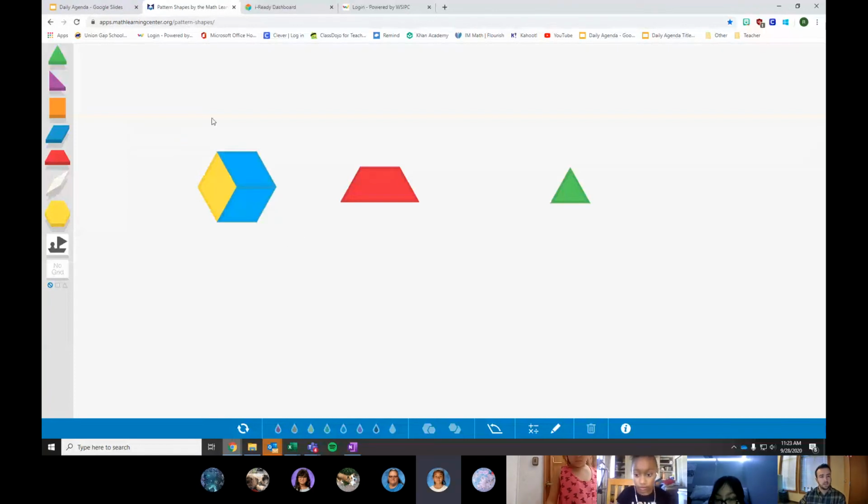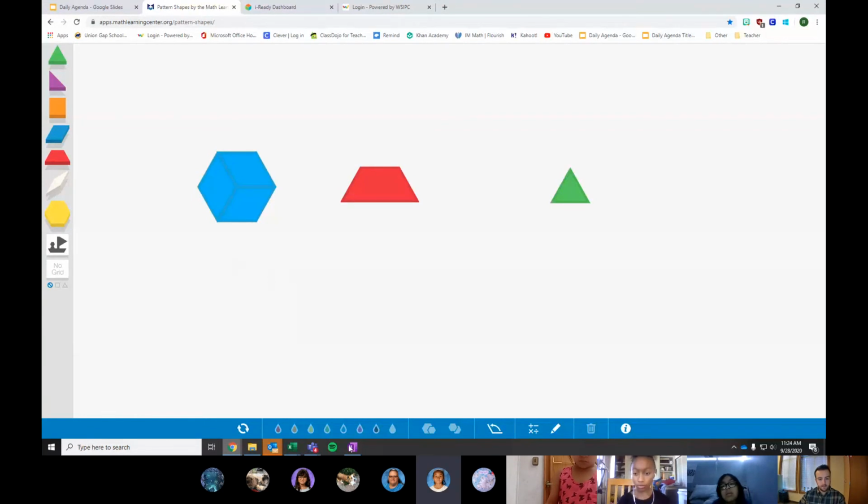Does it look filled? No. How many more do we need? We need 2 more, but it's not the right shape where I could fill up the rest. Well, could I take this blue parallelogram here and fit it right there? Yes. So how many blue pieces are there in total?